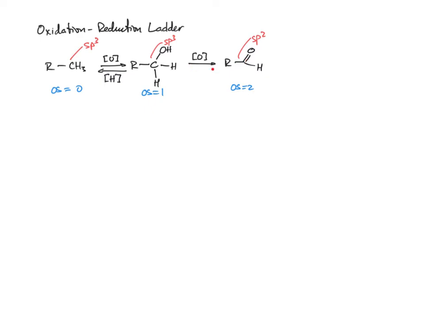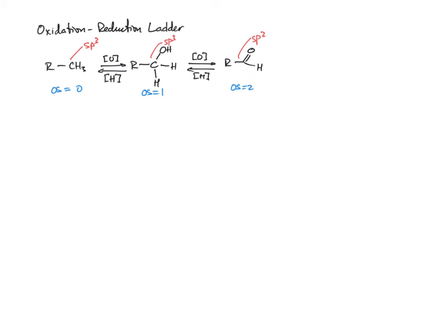If we do a reduction, we go back the other way. So we're going to look at some conditions to do that specifically as well. So again, oxidation, we're going from oxidation state 1 to oxidation state 2, so alcohol to carbonyl.